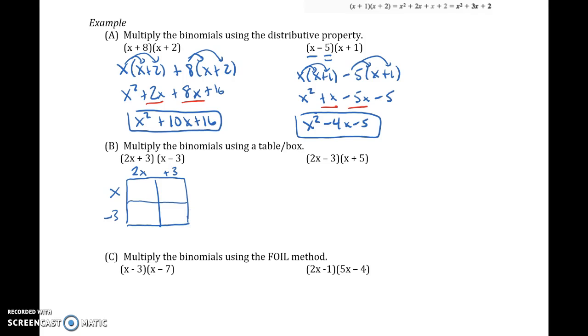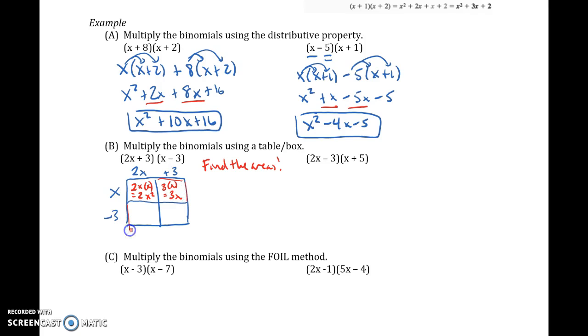And then what you basically want to do is find the area of each individual box. So if I just look at this box right here, this is 2x times x, because area is length times width, which is 2x squared. Okay, this one here is 3 times x, which is 3x.